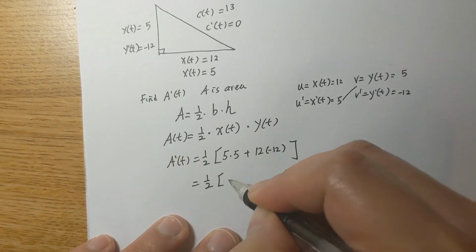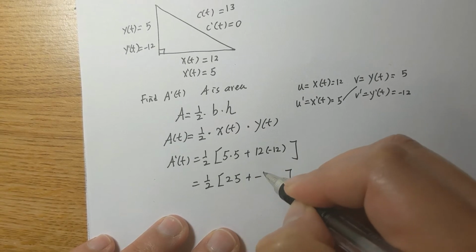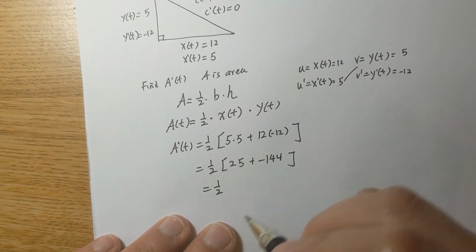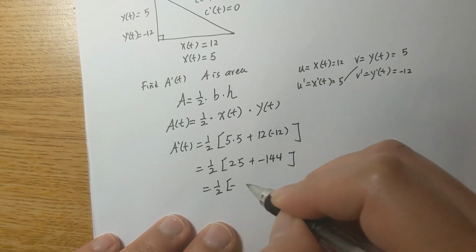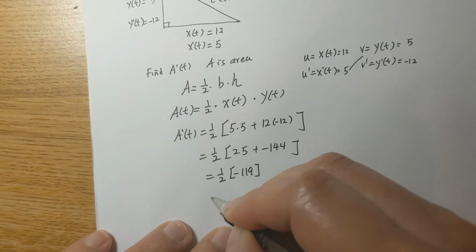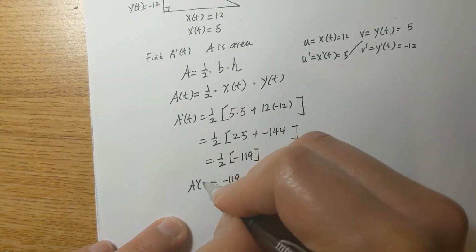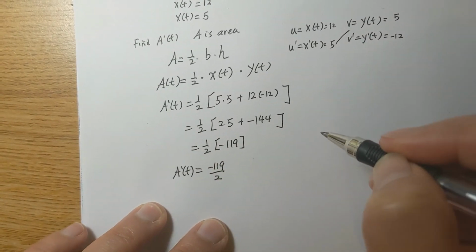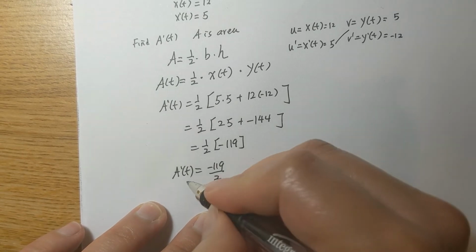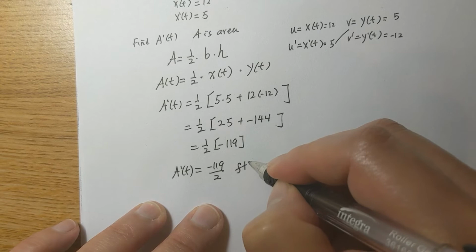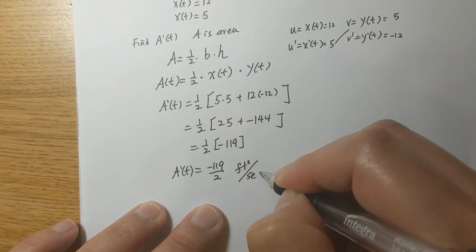We get 25 plus -144, and then you get -119, so it'd be -119 over 2. So A prime of t equals -119 over 2. This is two-dimensional, so therefore we're going to put square feet per second.